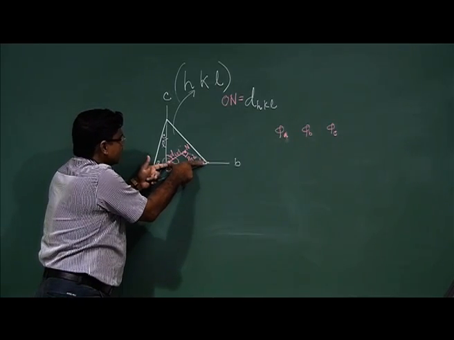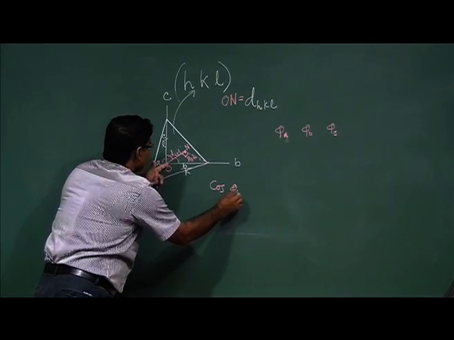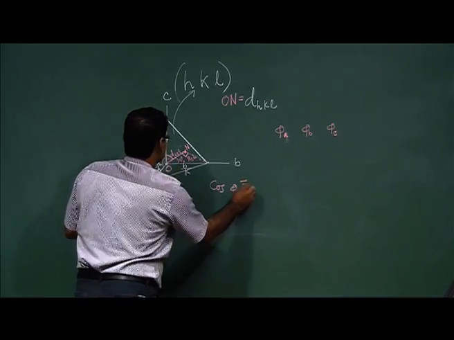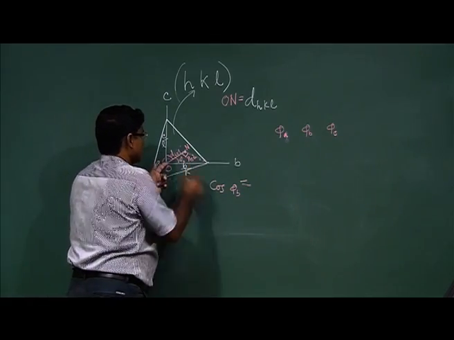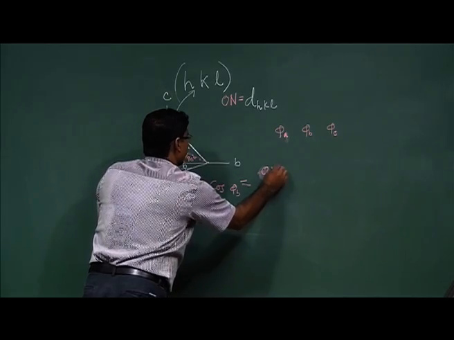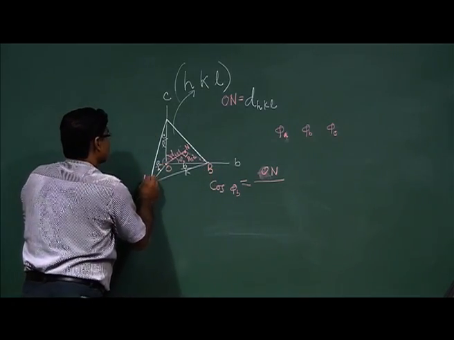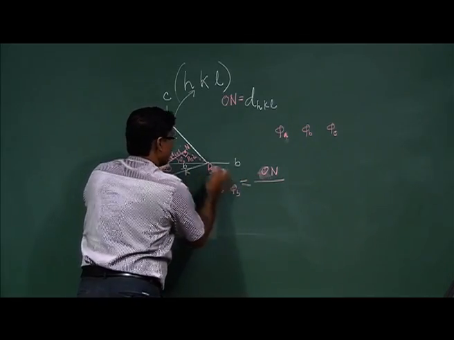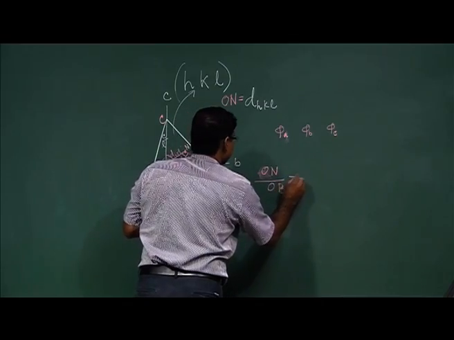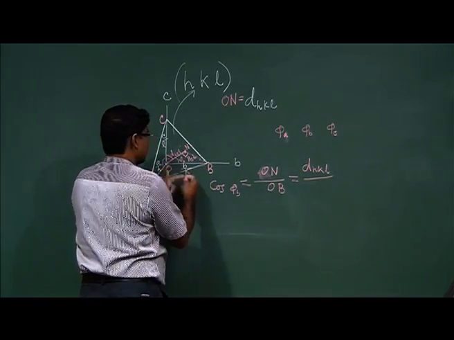So here you can see cos phi b, because this angle is phi b, will be equal to ON by OB, where we can name the intercepts A, B and C. So ON is basically your DHKL, divided by OB, which is b by k.